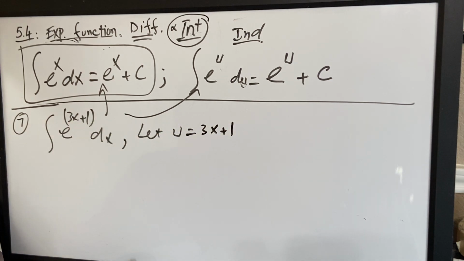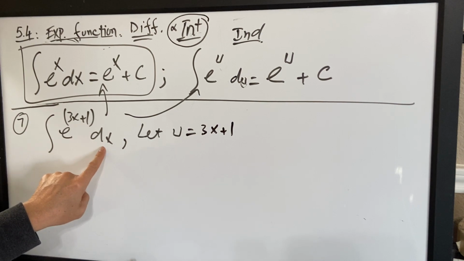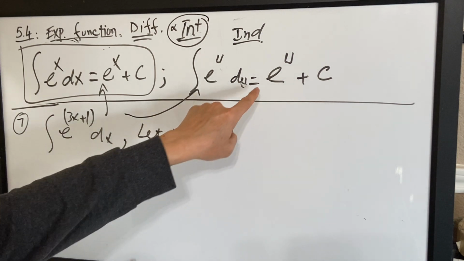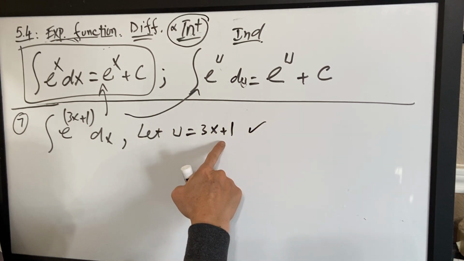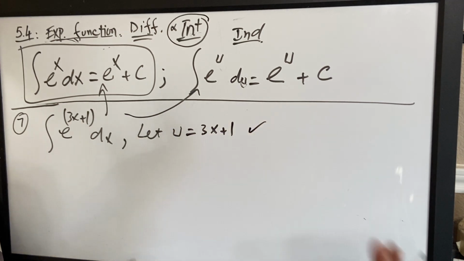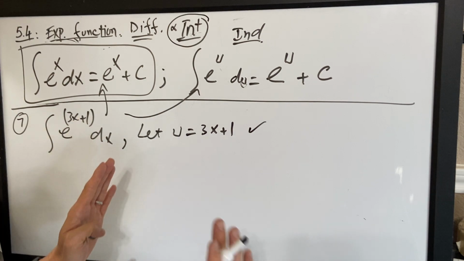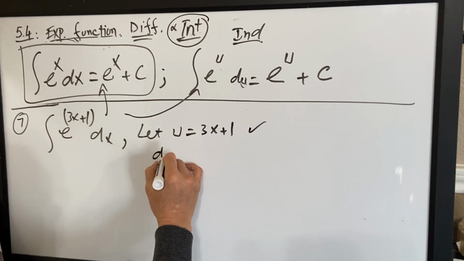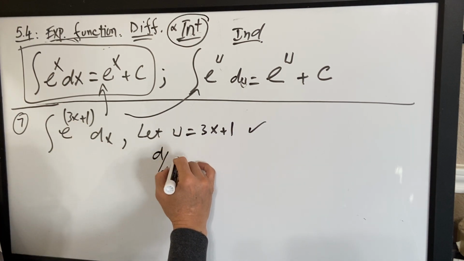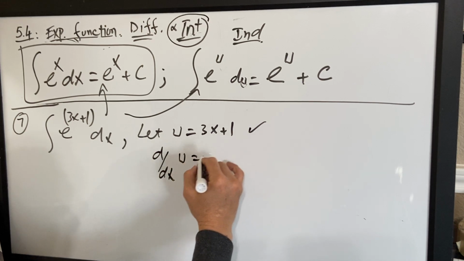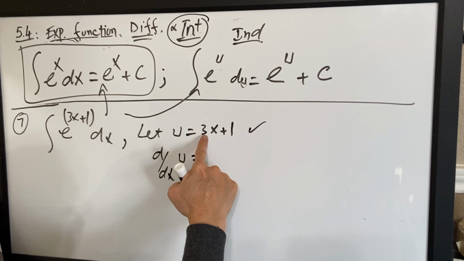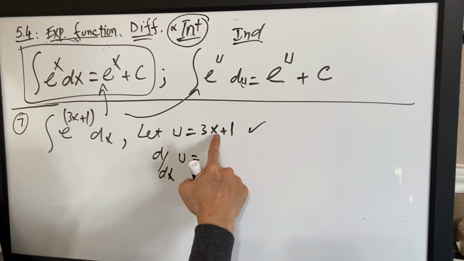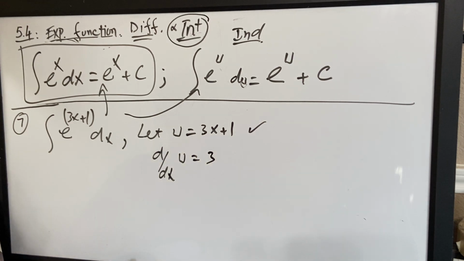Now I also need to convert dx into du as well. If I define u as 3x plus 1, whatever I do on one side, I do to the other side, which is take d over dx of it. What is the derivative of 3x plus 1? 3. Very good.